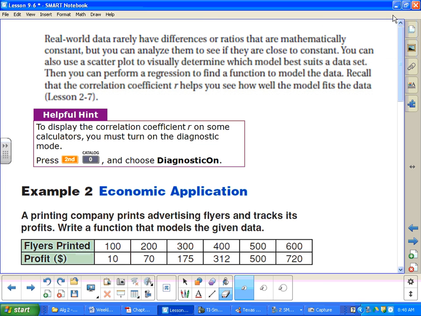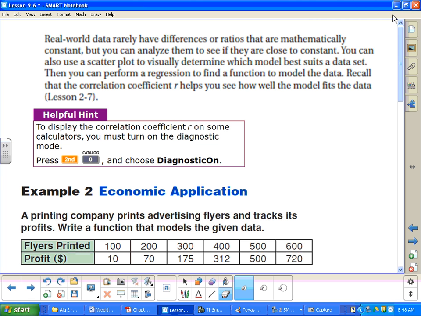So lots of times real world data isn't so convenient. In other words, it doesn't always turn out to be perfect the way we would like. And so we have to make sure at times that we are able to see what's the best fitting line.